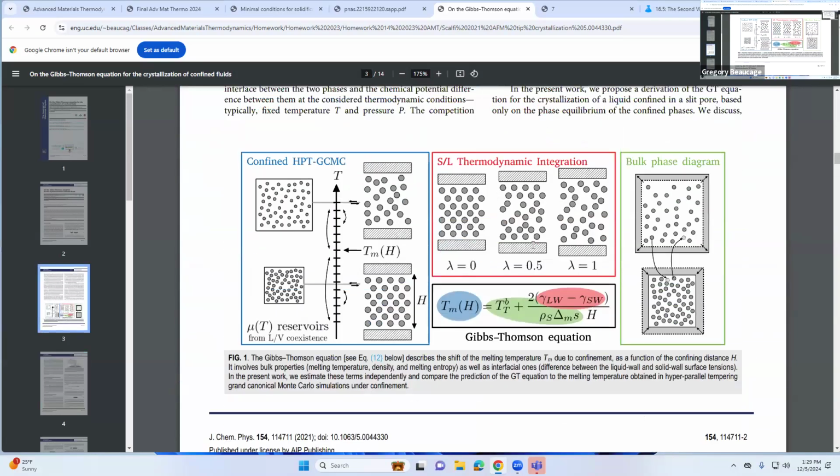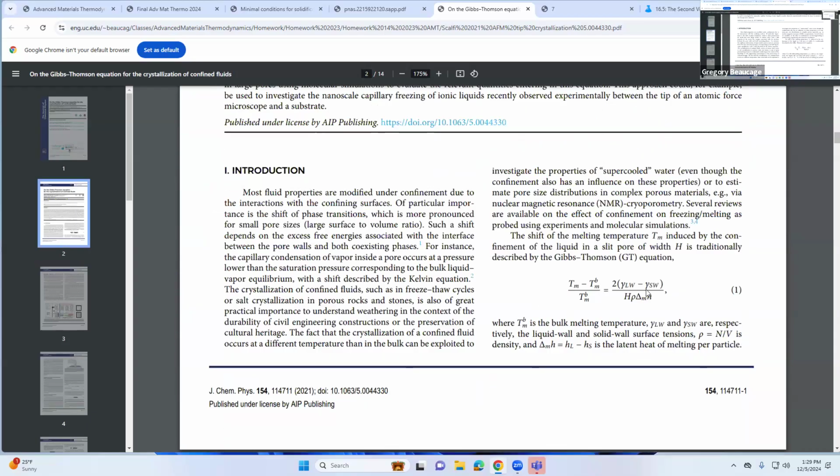That's why it's the same equation. The equation is T over delta T, and then sigma over delta H. The two is because there are two interfaces, top and bottom. Otherwise it's the same thing, and H would be R. So this is the same equation as that, except it's got this delta gamma.